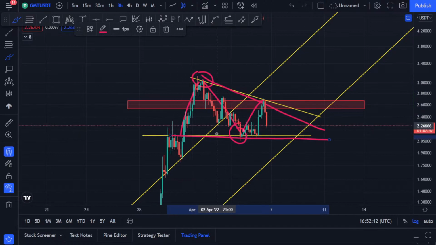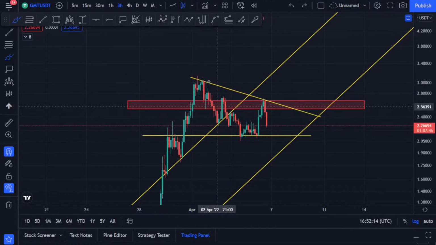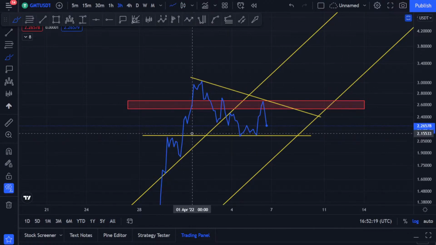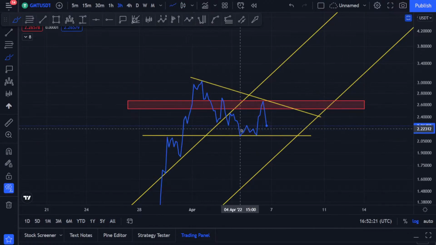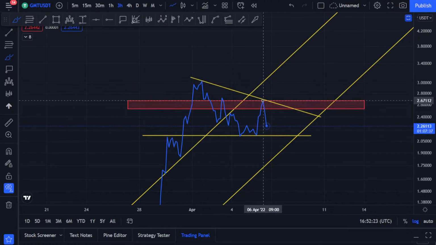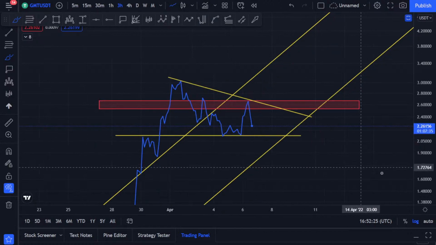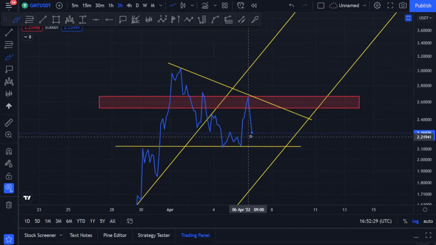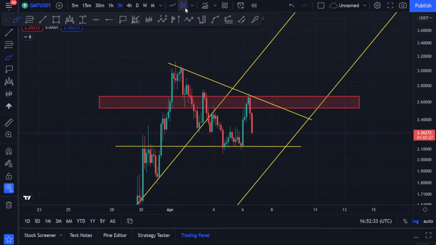Okay, you can see even if you bring the line graph, you can see clearly resistance, support, resistance is coming down to the support right now, and we do have some support levels here. If it doesn't hold it, it is going to come all the way down, somewhere around $2.12, I would say, and then probably find some support over there and try to go up and hit it.